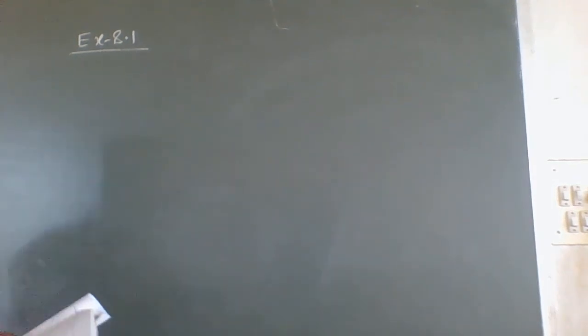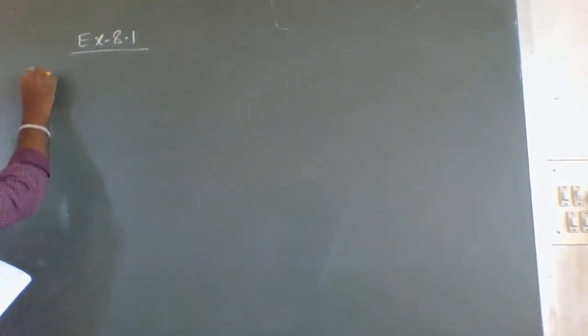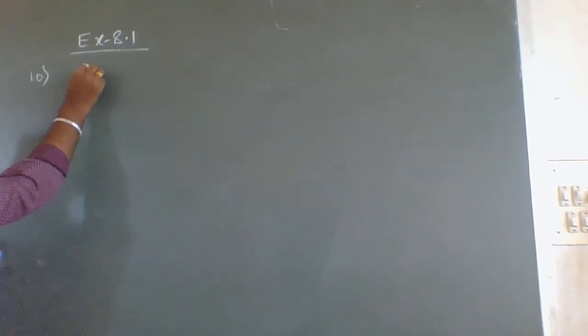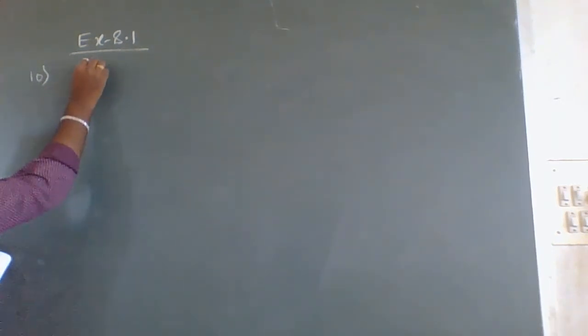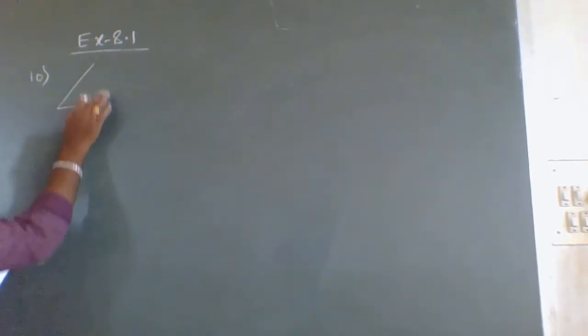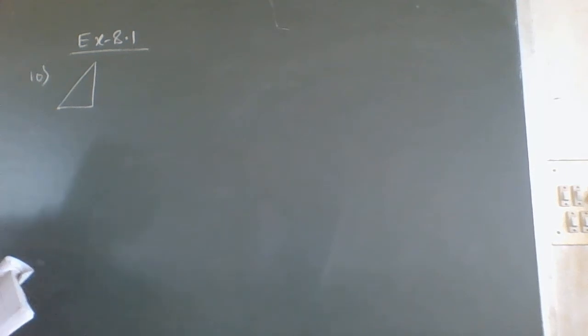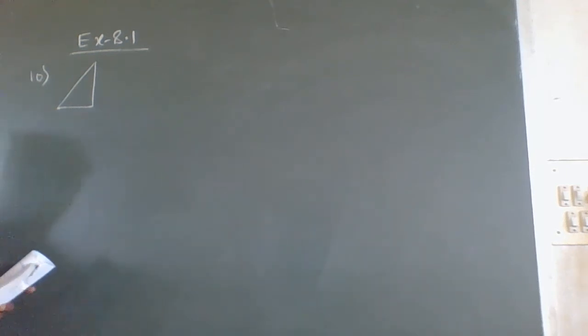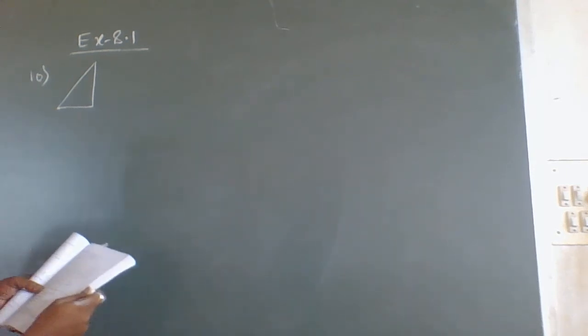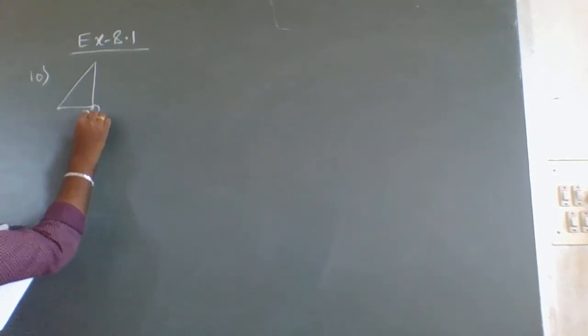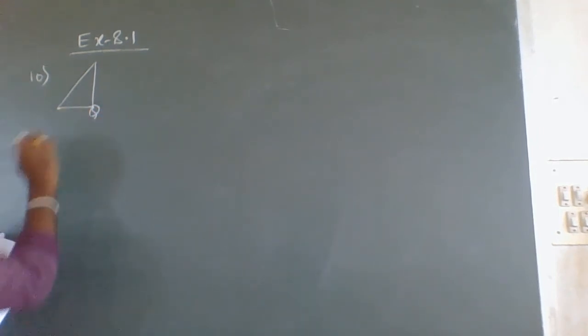So now here in 10th problem what we are given, in triangle PQR. So now I will consider first one, triangle PQR. So this is the triangle PQR, right angled at Q. So this PQR is right angled at Q means angle Q is 90 degrees.